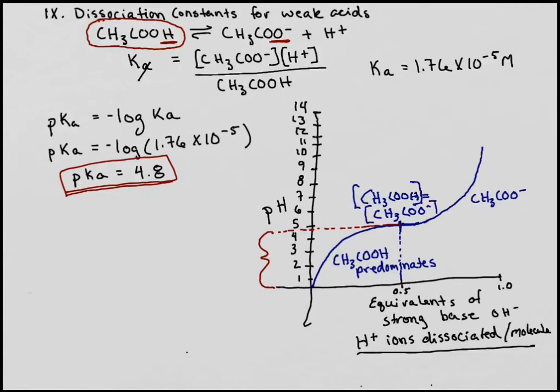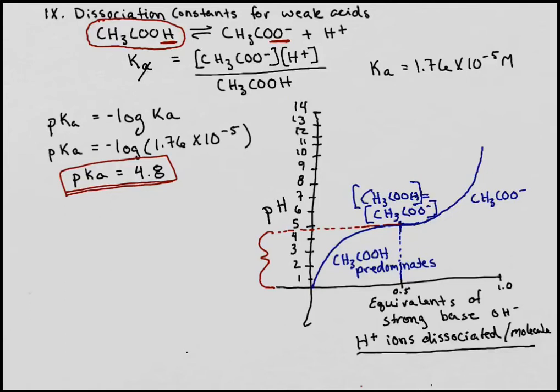That is, the acid and its conjugate base are present in equal concentrations at the pKa. So by adding more and more base, we're titrating off the acidic proton.